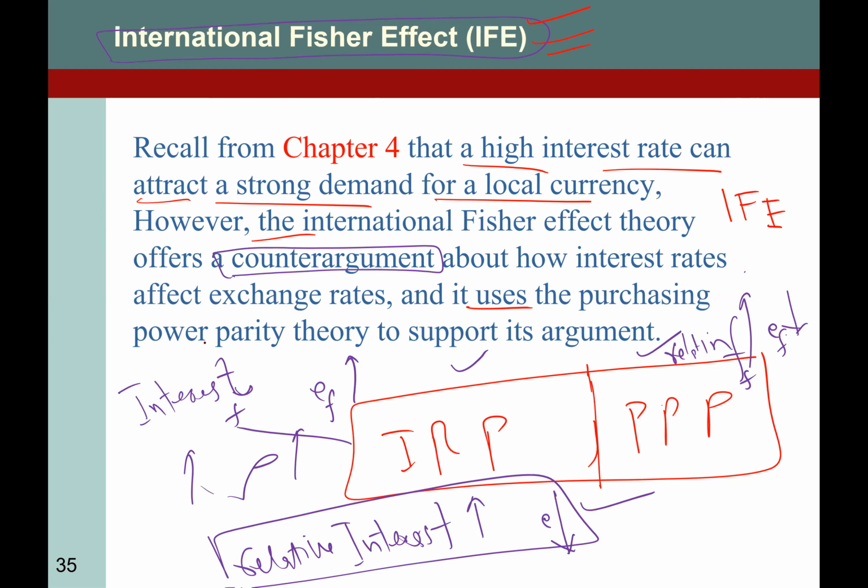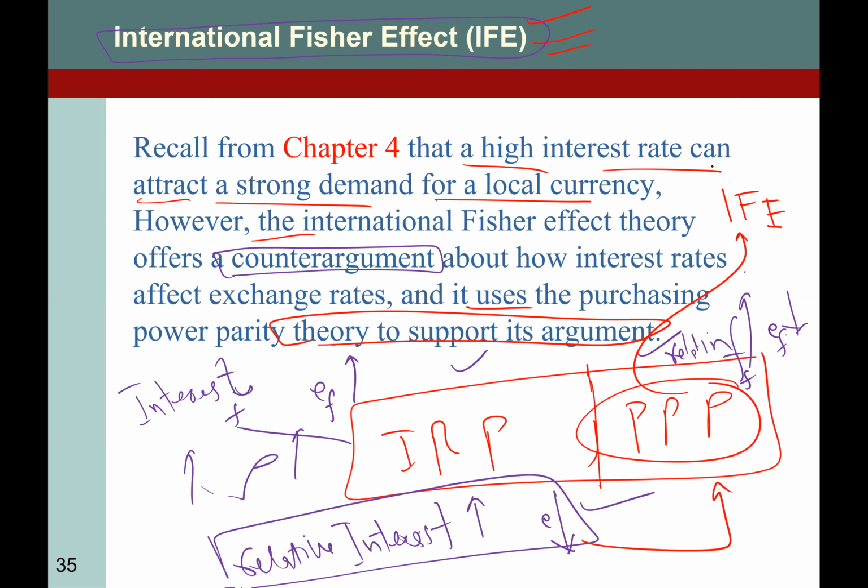It uses the purchasing power parity to support its argument. It means we are deriving that wherever the interest rate is higher, its currency should depreciate, with the purchasing power parity argument. It means the PPP is supporting the IFE. Let's talk about this.